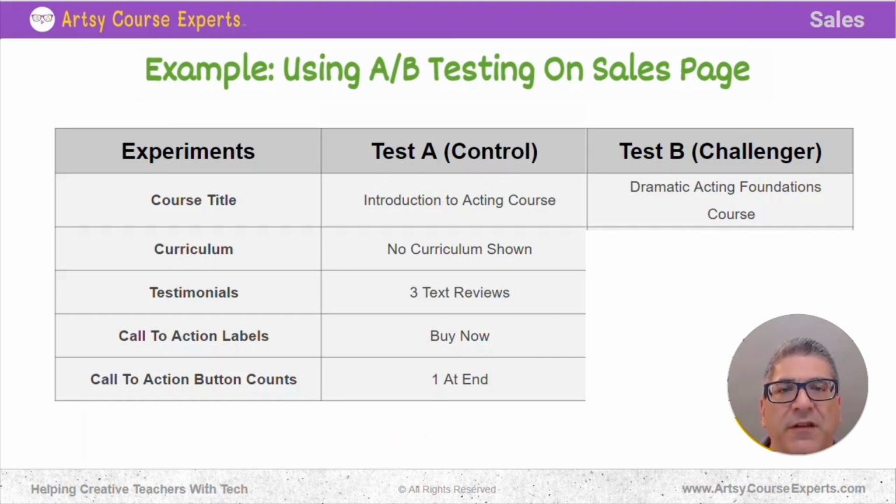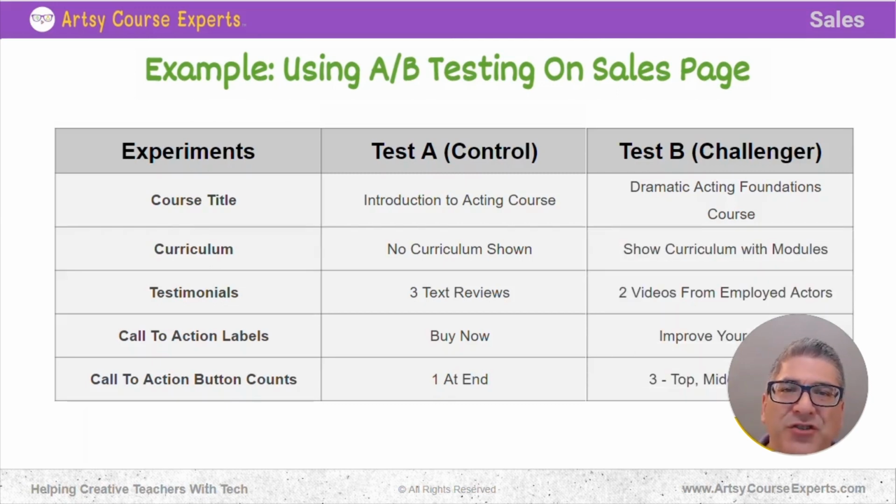What are the topics that are going to be covered? Maybe even expose the lessons, or even possibly let students try out a few free lessons. A possible challenger test, a B test, could be to actually show the curriculum. Try that out and see if your sales increase or decrease with that curriculum.